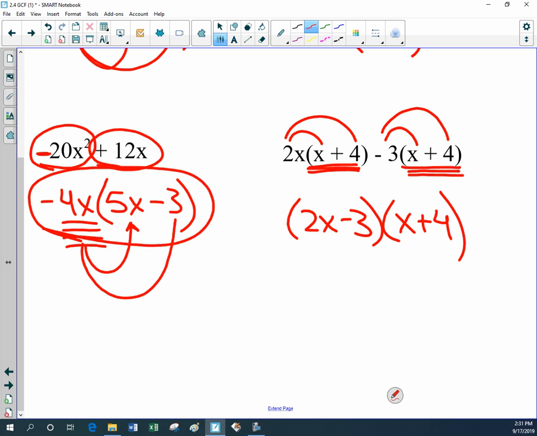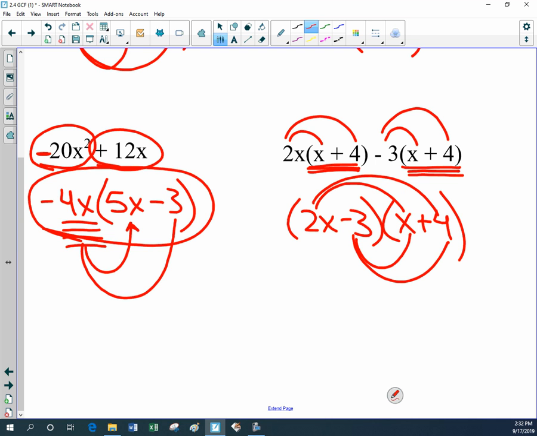Let's go through what we learned last unit. To multiply these two together, we would have 2x times x and 2x times 4, which is the same thing that we did up above. Then we would have negative 3 times x and negative 3 times 4, which is the same thing we did up above as well. So this is factoring by grouping.